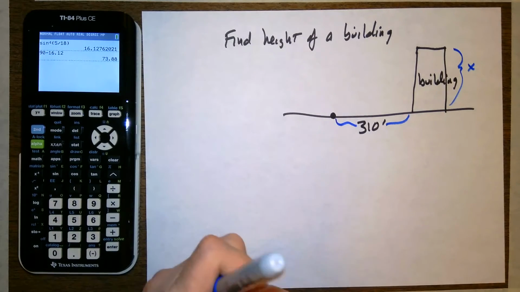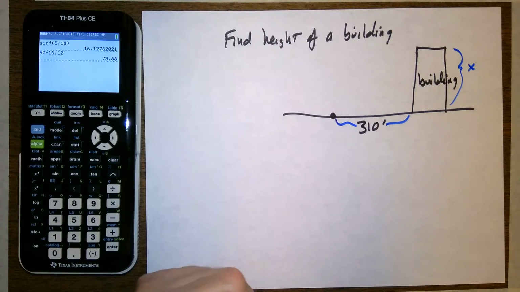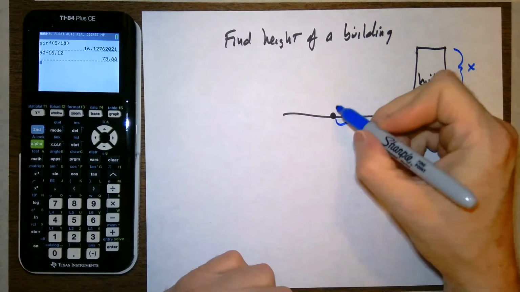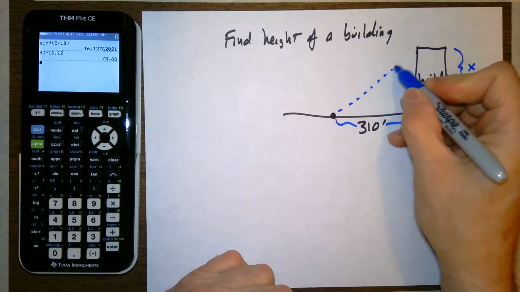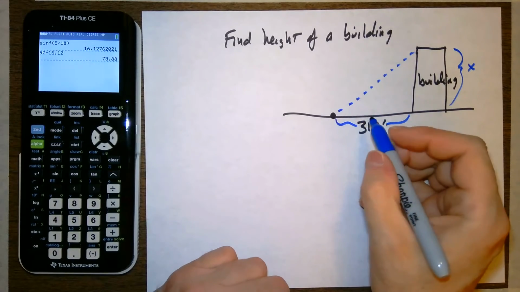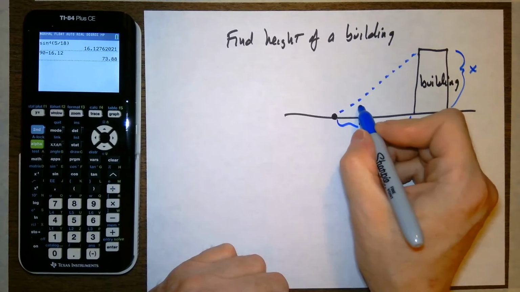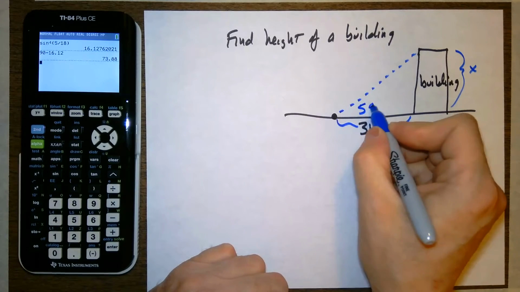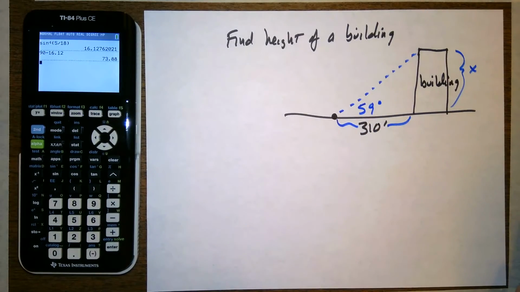But I know if I'm 310 feet away and I look up to the top of the building, I can see the top of the building at an angle of elevation of 59 degrees.